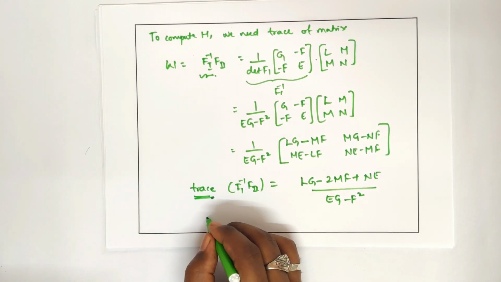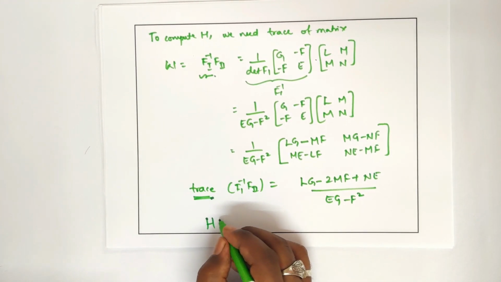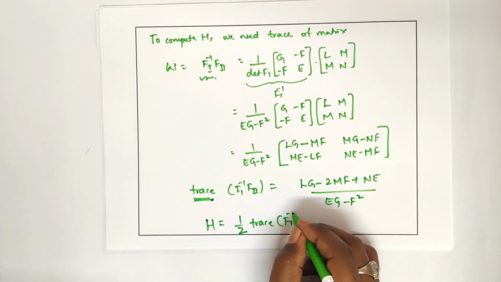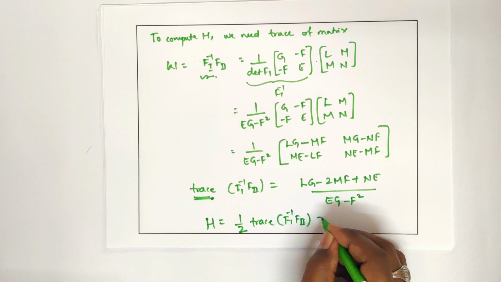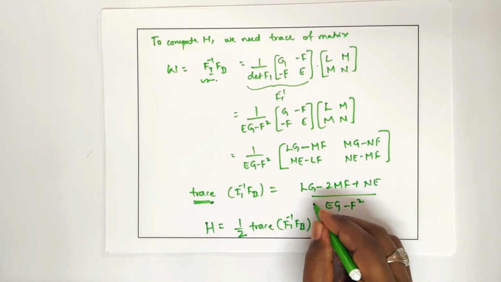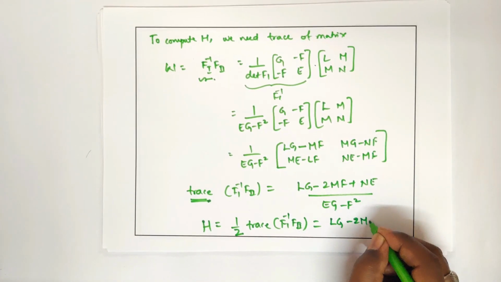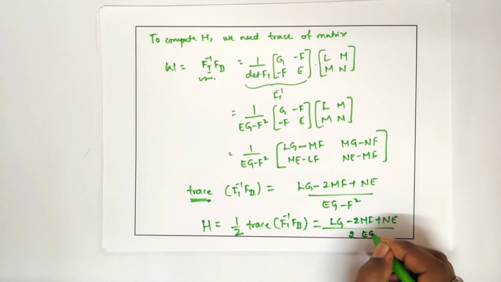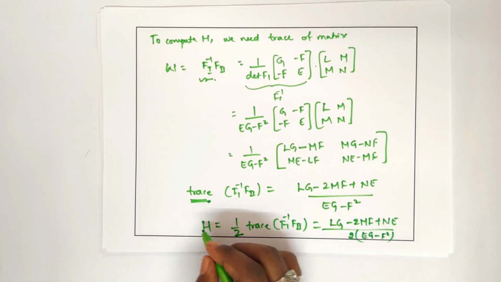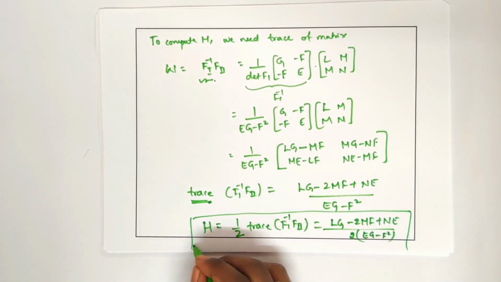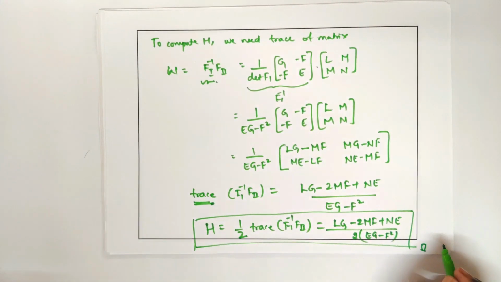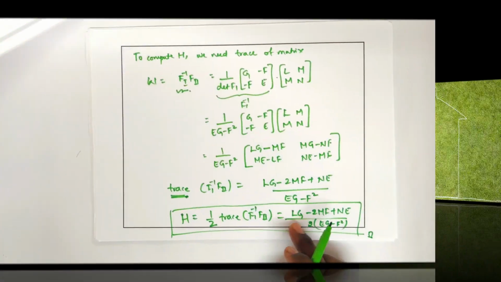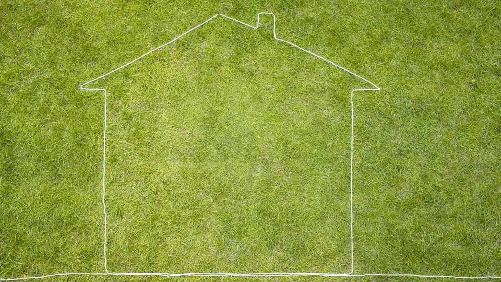So the mean curvature H is half of the trace of F1 inverse times F2, which is nothing but, writing that half in the denominator, Lg minus 2mf plus Ne divided by 2 times Eg minus f square. So this is our mean curvature which we have proved, and this is what we wanted to prove here. So we have just proved the mean curvature as well.